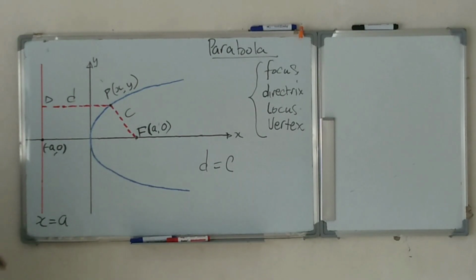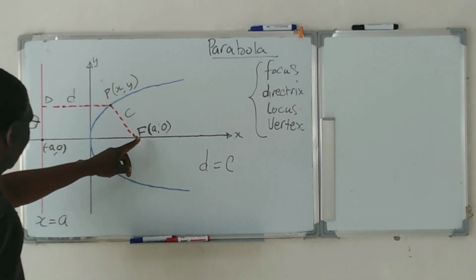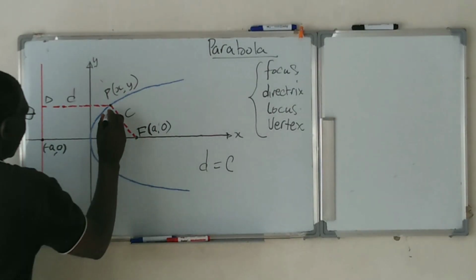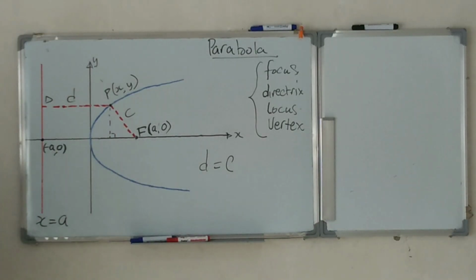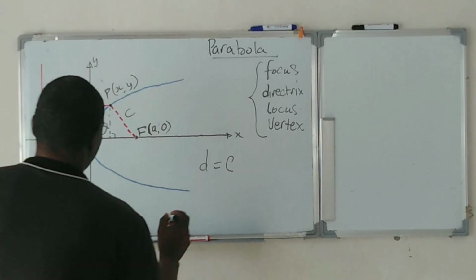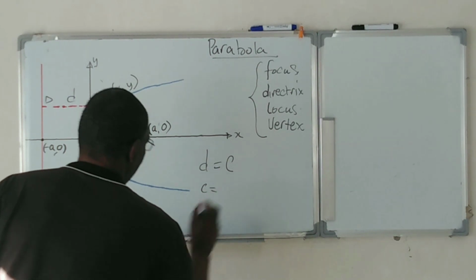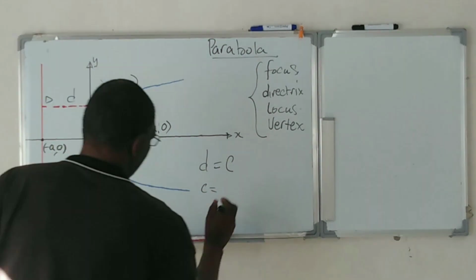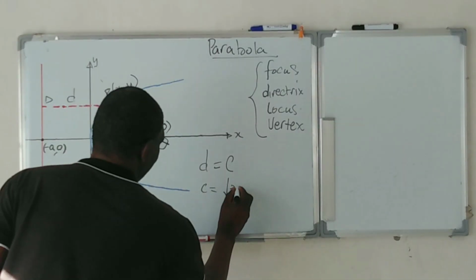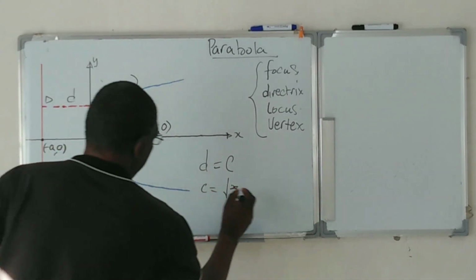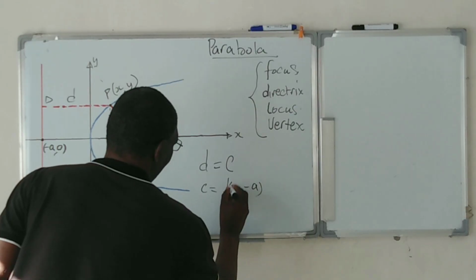Now, let's try to see if we can convert that into algebra. What is the distance C? Well, let's drop a little perpendicular here. So we have that right-angled triangle. Then the distance C, from Pythagoras' theorem, is equal to the square root of (x minus a) all squared plus y squared.